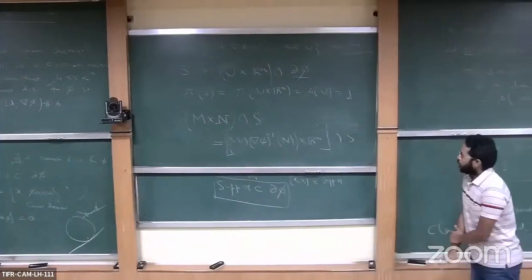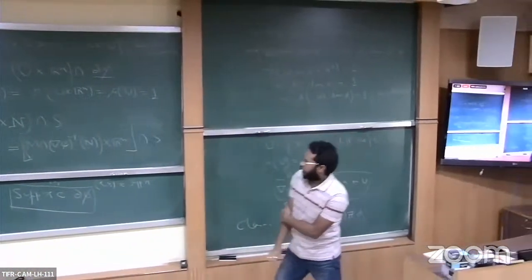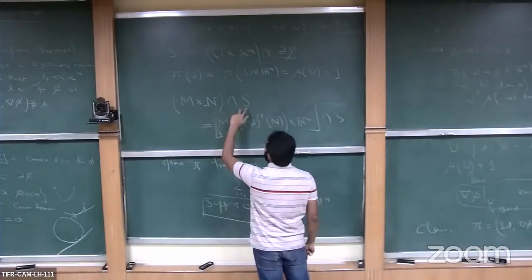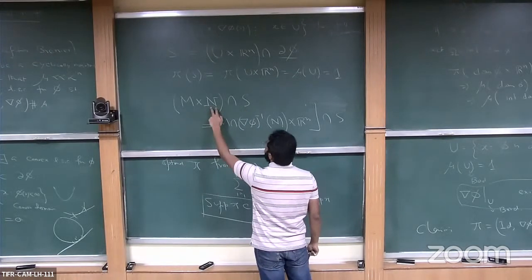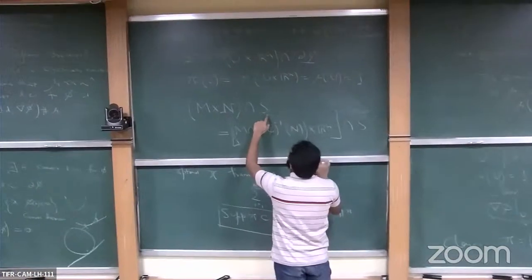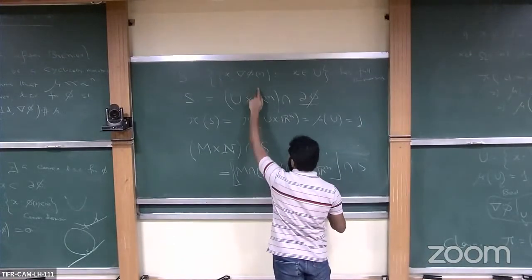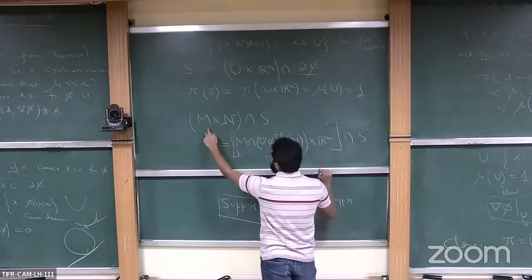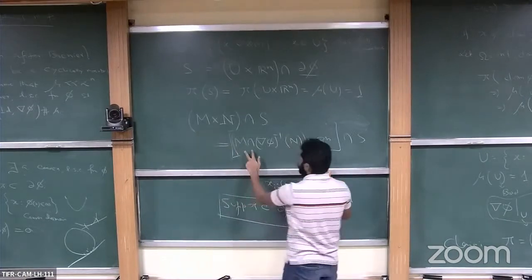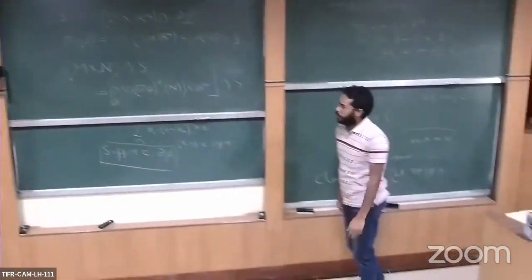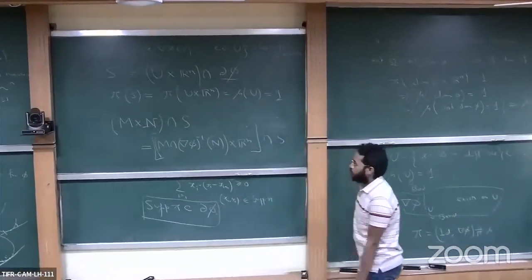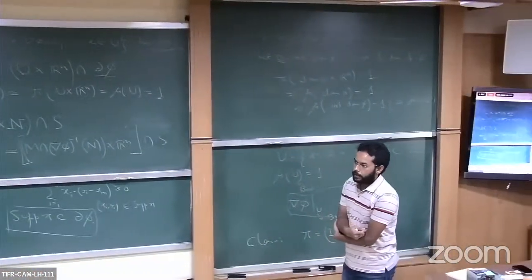You see, I'm just rewriting. So this set, I have to take the intersection with S. So the second component must come from something of gradient, so I have to take the gradient inverse of N, and the first component must come from N. So they must come from both of these, right? And the second component is just the gradient of phi.